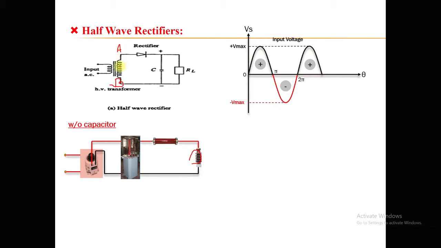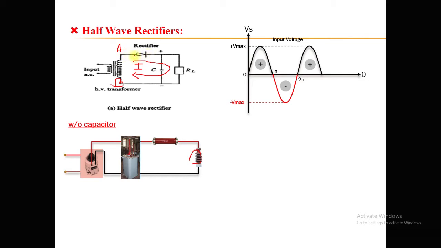Let us consider point A and point B. During the first positive half cycle, from 0 to pi, point A becomes positive with respect to point B. In this condition, the current flows in this direction. As this is the direction of the current, you can see that this diode comes in a forward bias condition.